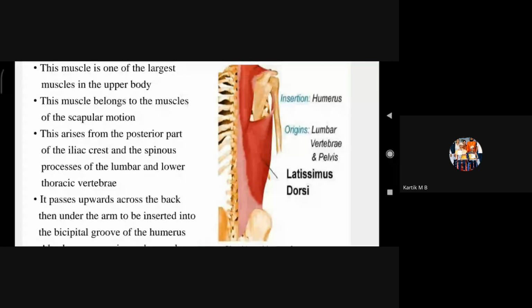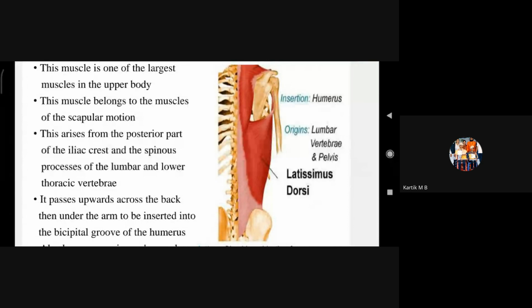Which bone is known as scapula? Shoulder blade.